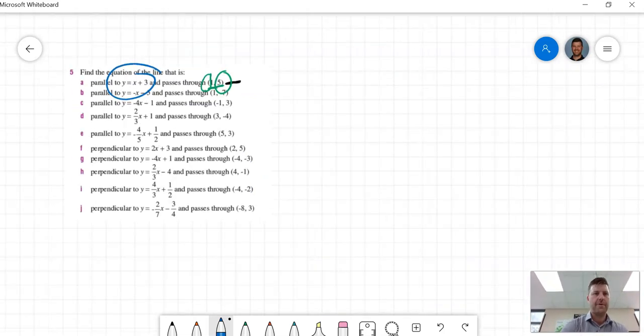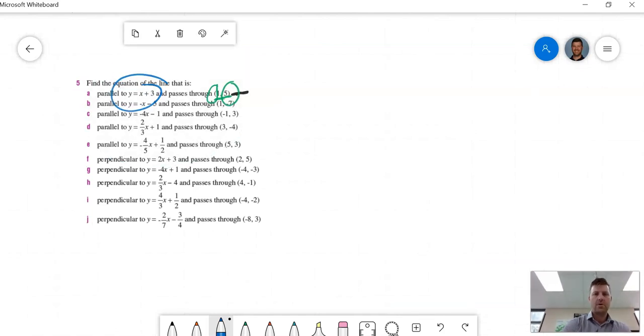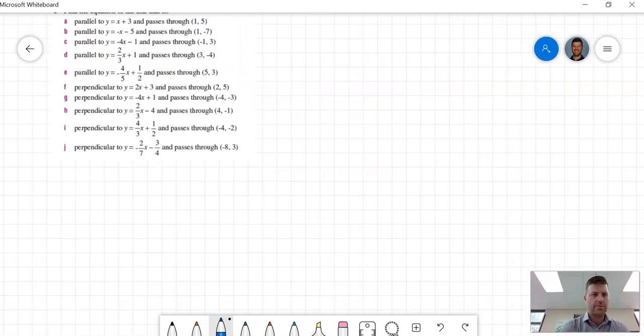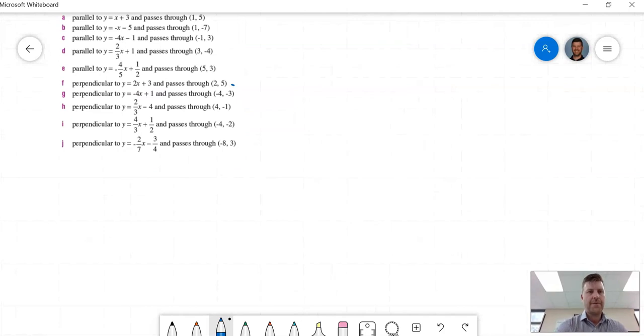So let's move down to question F here. Perpendicular to y equals 2x plus 3 and passes through coordinates 2, 5. All right. So first of all, in this equation, m is positive 2. So what is the negative reciprocal of 2?